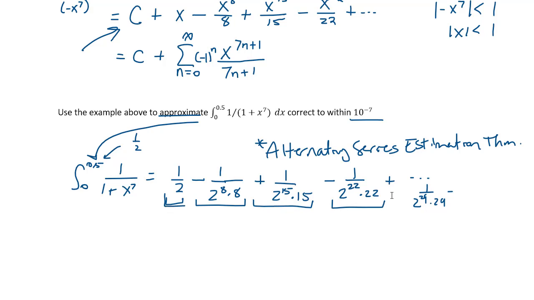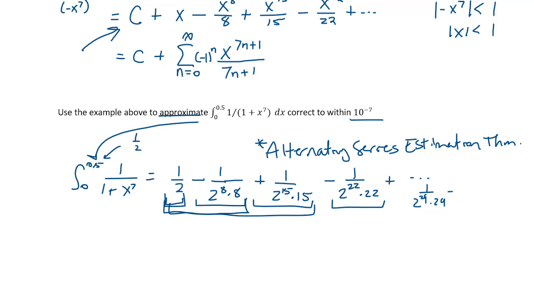So if I did this, then the error is less than this term. If I did these two, then the error is less than this. If I did these three, then the error is less than this. Whatever the size of the next term is, you will know that the error is less than that. So I'd just figure out how big each of these terms are.